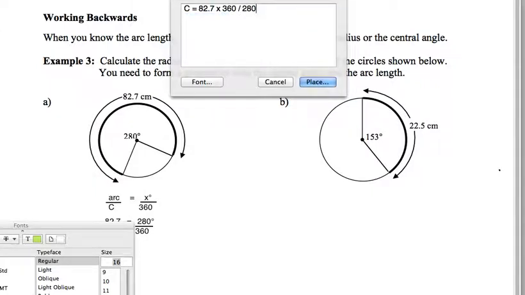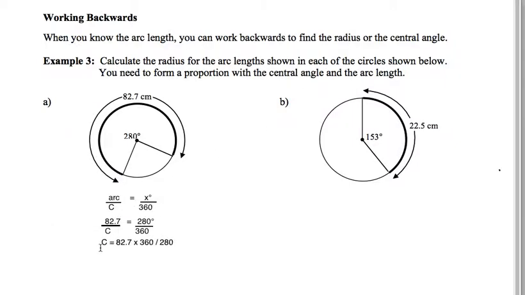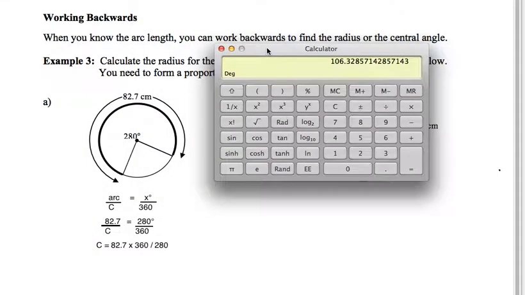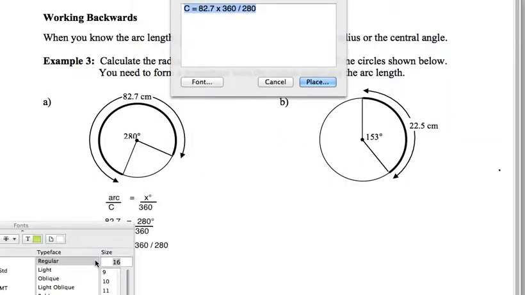That's how the fish method works. Okay, so this is what I've got. All right, let's do the calculation here. I've got 82.7 times 360 and divided by 280. That'll give me the circumference, 106.33. So now I know my circumference is 106.33.